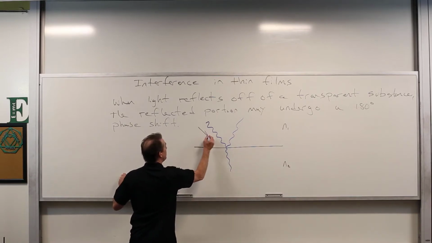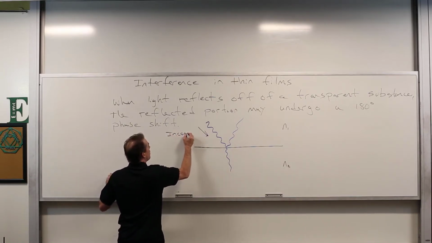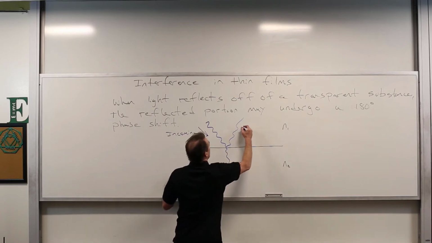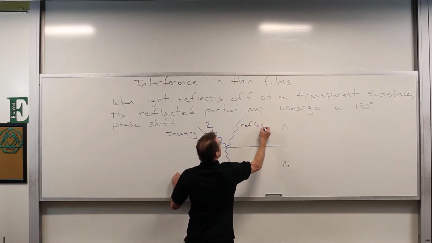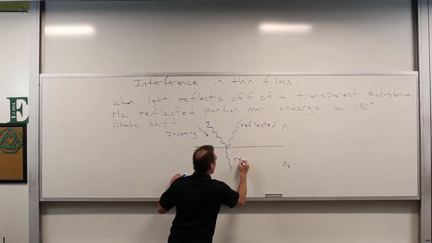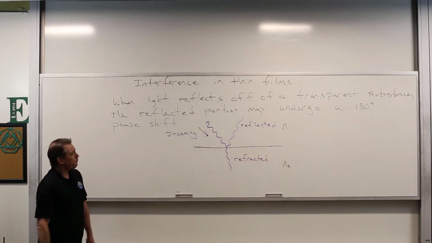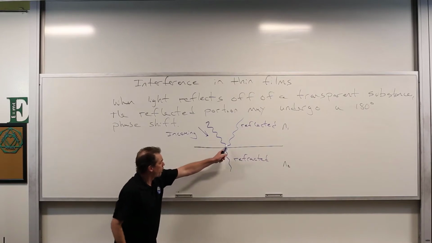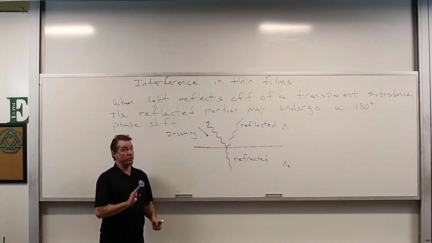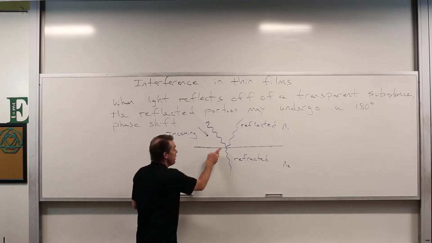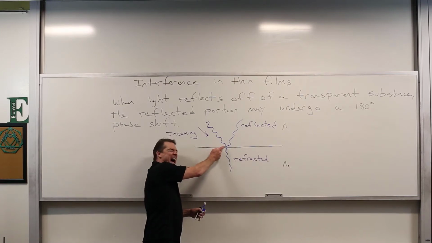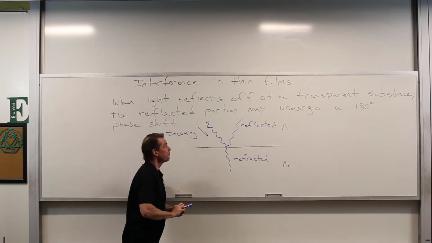Here's our incoming, here's our reflected, and here's our refracted. This reflected portion right here may undergo a 180-degree phase shift relative to what it's at when it's striking this interface boundary. It may.